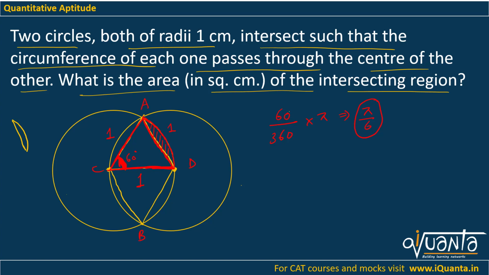How can we find the area of triangle ACD? We know that the area of an equilateral triangle is root 3 by 4 into side square. Side is 1, so this will be the area of the equilateral triangle ACD. Now from this pi by 6 I will subtract root 3 by 4. So pi by 6 minus root 3 by 4 will be the area of one segment.